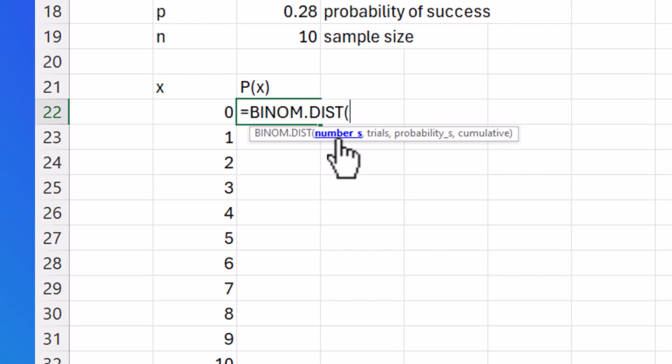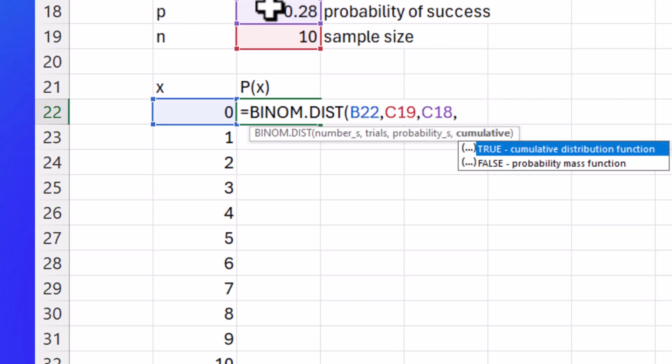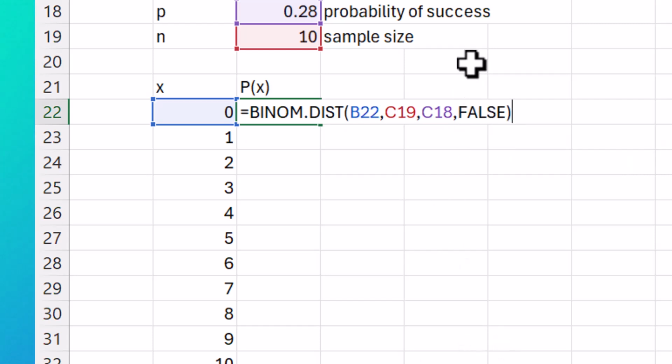And look here, it even says what it wants: the number of successes, that's X, comma, the number of trials, that's N, comma, the probability of success, this value, comma, and cumulative says if you pick true, give me this value and everything above it. Well, there's nothing above it, but I want all of these to be just this individual probability. And typically for this distribution, you want this.